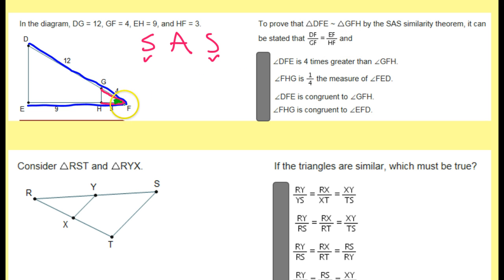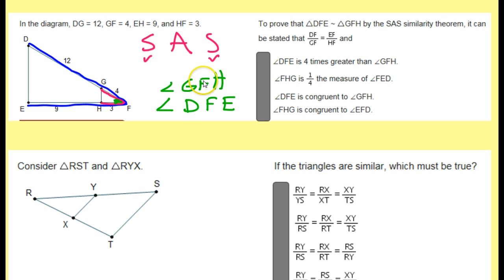Which also could be known as angle GFH, or it could be called angle DFE, if I look way out here.